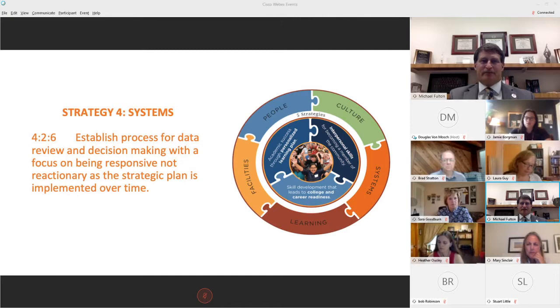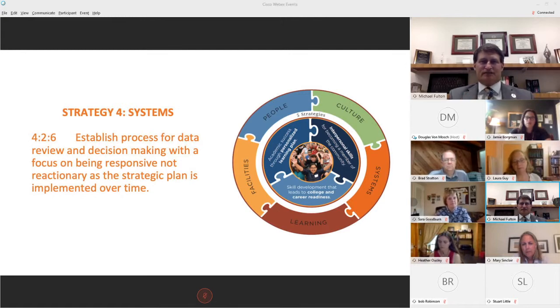Each strategy and accompanying action step are part of an interconnected and interdependent system. Action step 4.26, which you see here as part of strategy 4, really says this well and calls us to account.